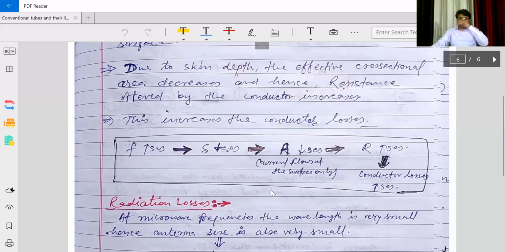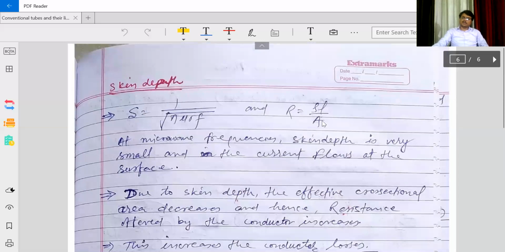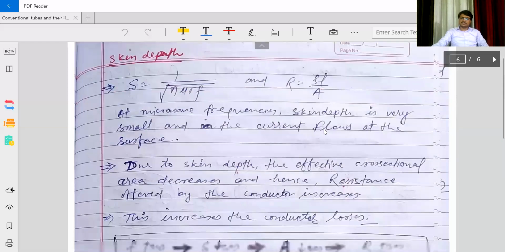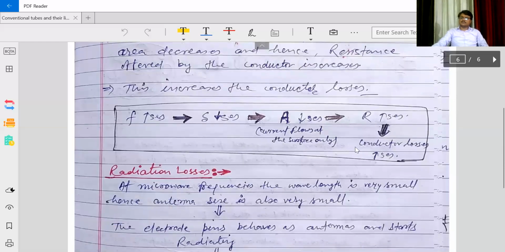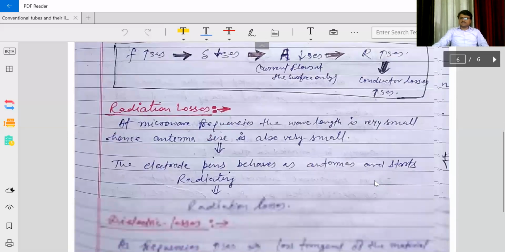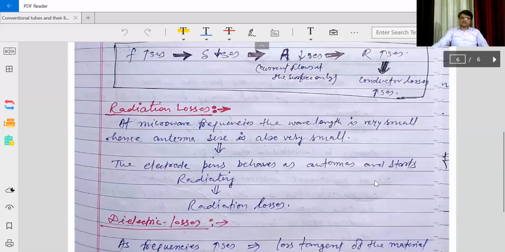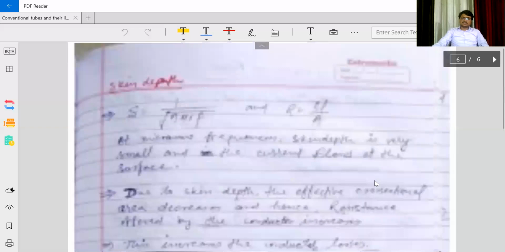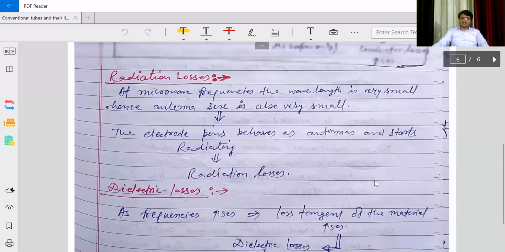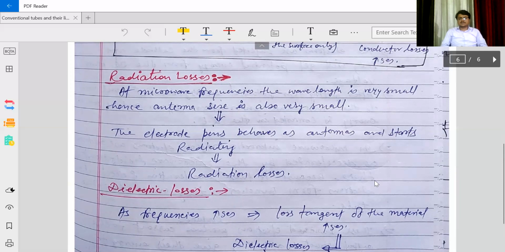If the effective cross-sectional area decreases, resistance will increase, because R equals rho L upon A. If this effective cross-sectional area of the wire decreases, R increases, and if R increases, conductor losses increase. So this is very simple. It increases the conductor loss.